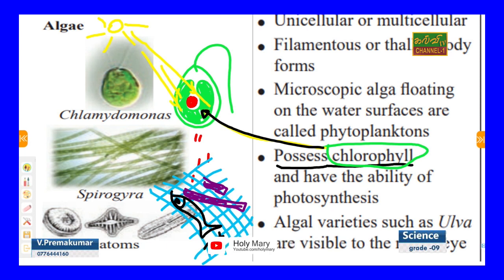When you go to the sea you can see Ulva from 1 millimeter to 2 or 3 meters. It is like a plant, but it also contains chlorophyll, right.